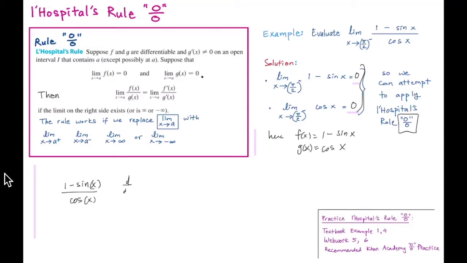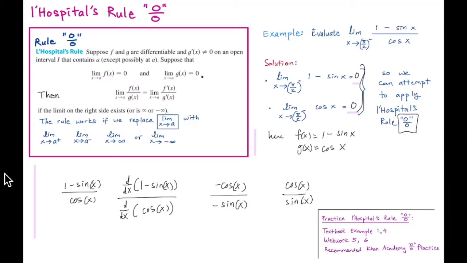So let me write down d dx of 1 minus sine of x and d dx of cosine of x. In the next step, I compute the derivative. So I have negative cosine x over negative sine x. And let me simplify this. So I have cosine x over sine x.